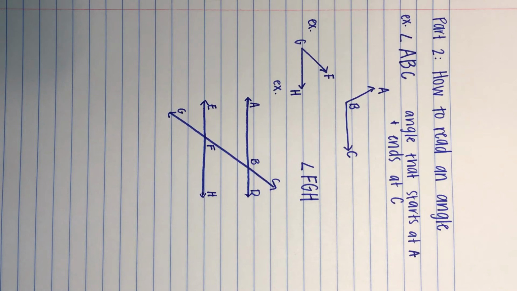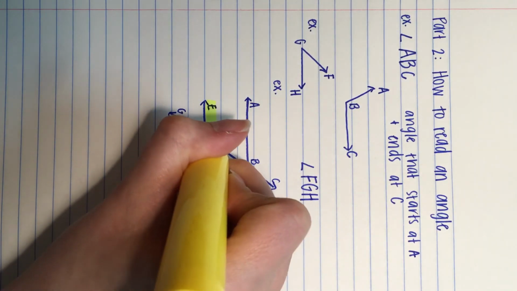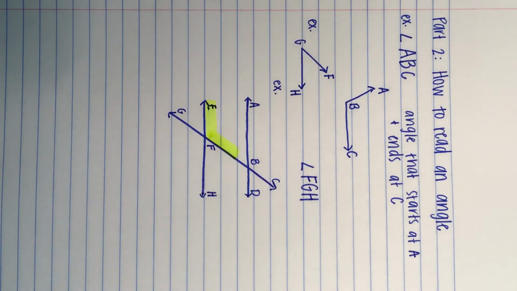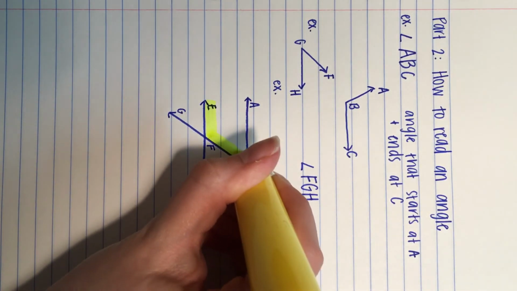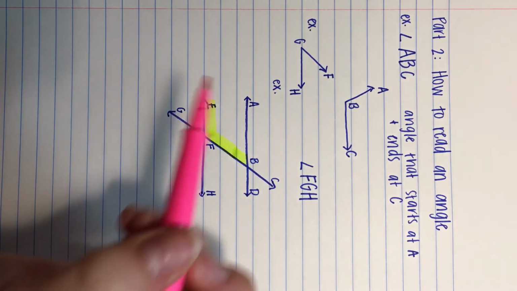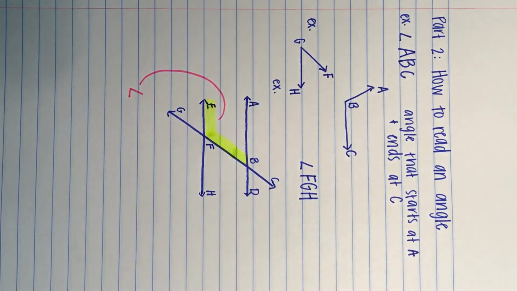Okay, so let's say I wanted to talk about this angle here. Do you see how there's kind of an angle tucked in there? And I'll keep it going a little bit. Okay, so if I want to talk about this angle here, I'm talking about an angle, so I'm going to make the angle symbol.